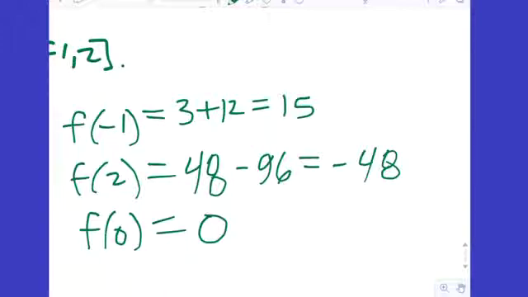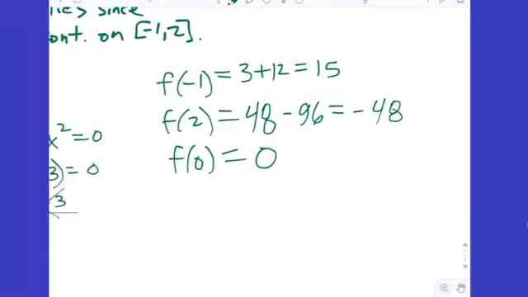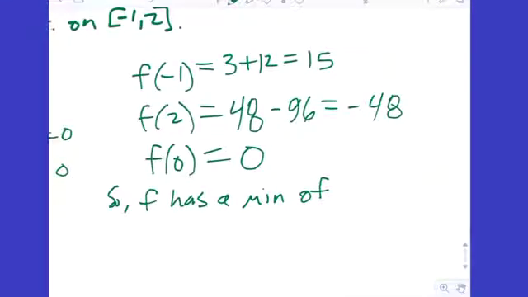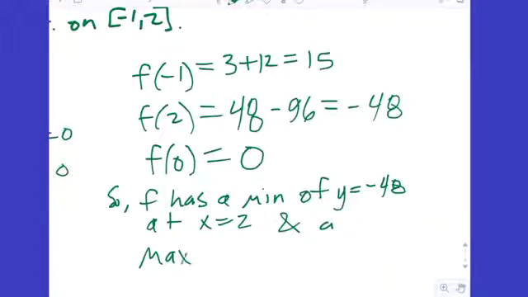So once you have all your y values listed, now all you have to do is answer the question. So f has a minimum of what? I'll put y equals -48 at x equals 2, and a maximum of y equals 15 at x equals -1.